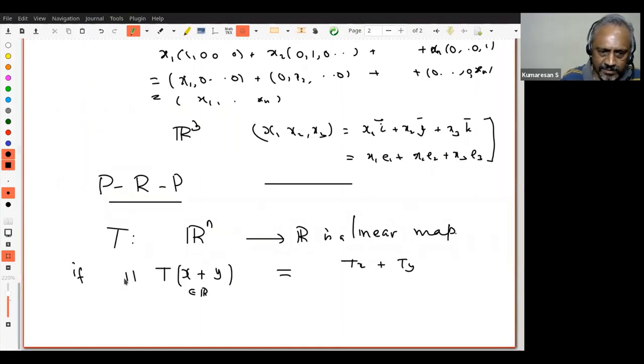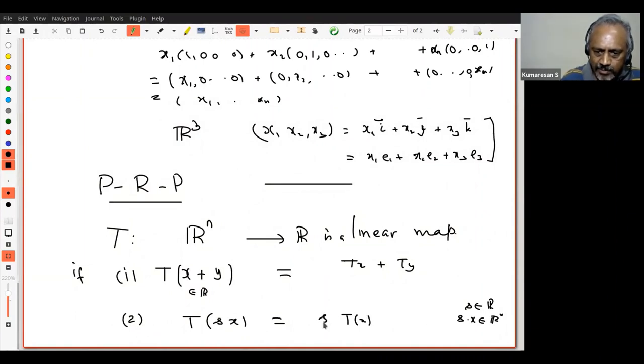That's the first condition. And the second condition is T of sx, where s is a real number. Unfortunately I chose T, so I can't use it for the scalar, so I'll use s. Remember x is a vector, s is a real number, therefore sx is again a vector in Rn, therefore T of sx will be a real number. Now Tx is a real number and s is a real number, therefore I can multiply these two.